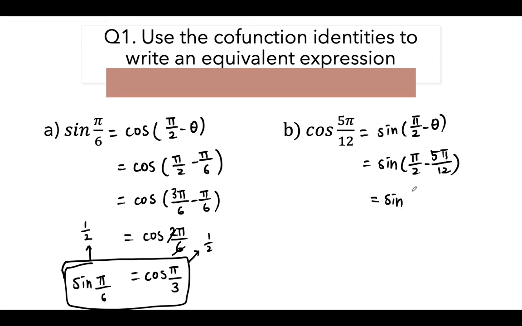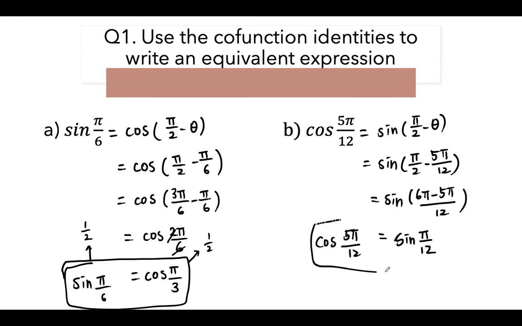Make the same denominator: sine of 6 pi minus 5 pi over 12, which is equal to sine of pi over 12. That is going to be my equivalent expression using a cofunction identity.